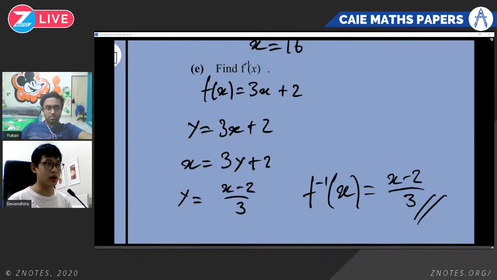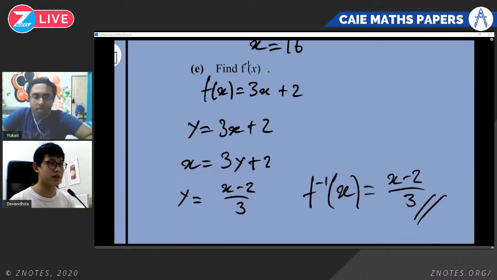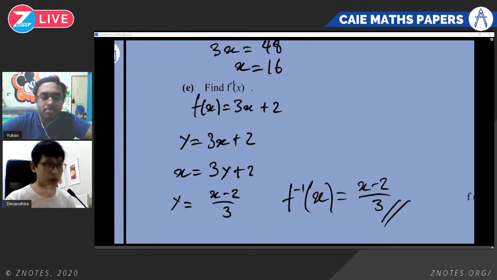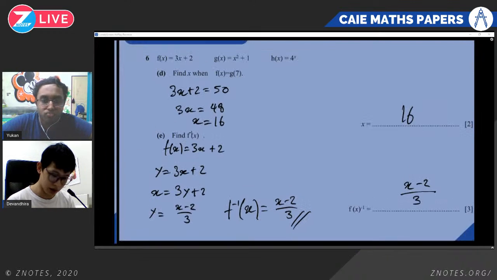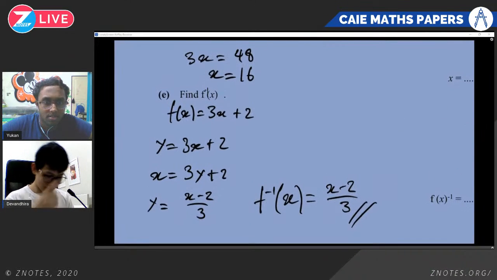Right, Yugan? And from here, we can make y the subject. So we can bring minus 2 here. So it becomes x minus 2. Don't forget to divide by 3. So we have y is equal to x minus 2 divided by 3. Once you made y the subject, that is your f inverse of x. So this is our answer here. But you have a different method, right? Can you tell us your method?